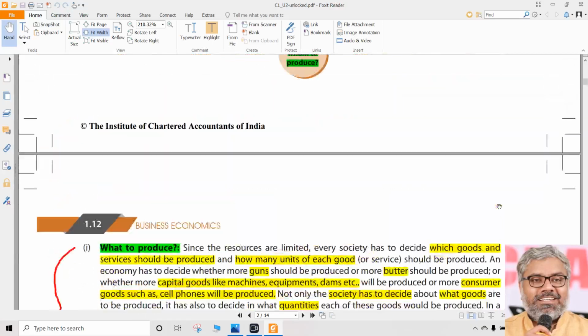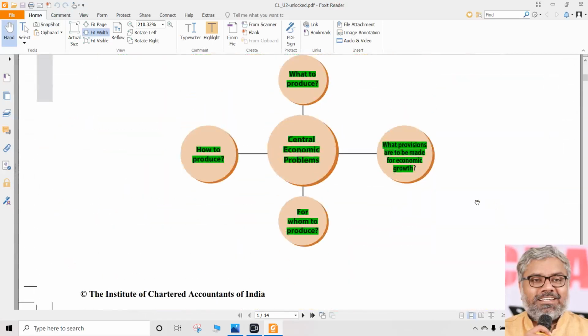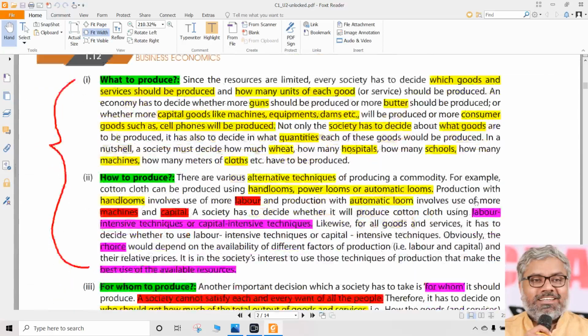So, these fundamental questions of any society shall be answered by the economic system, whatever the system may be.